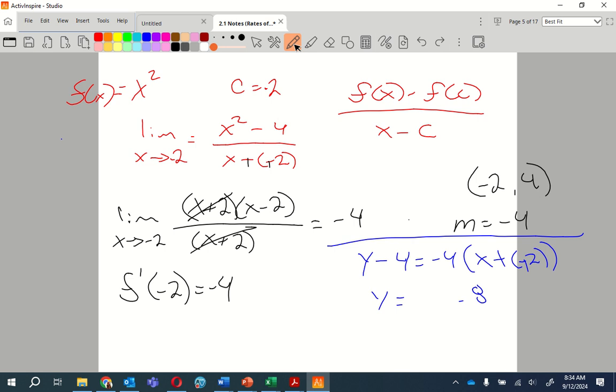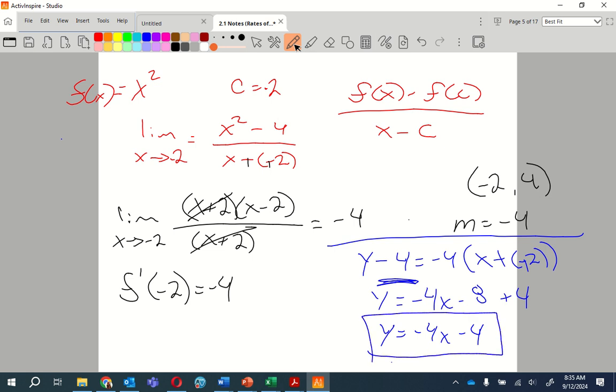I did my distribution there, and then plus 4. The plus 4 comes from moving it over, because I want everything on one side so I can have my equation as y equals. Y equals -4x minus 4. And this right here is the equation of which line? Tangent. This is my tangent line.